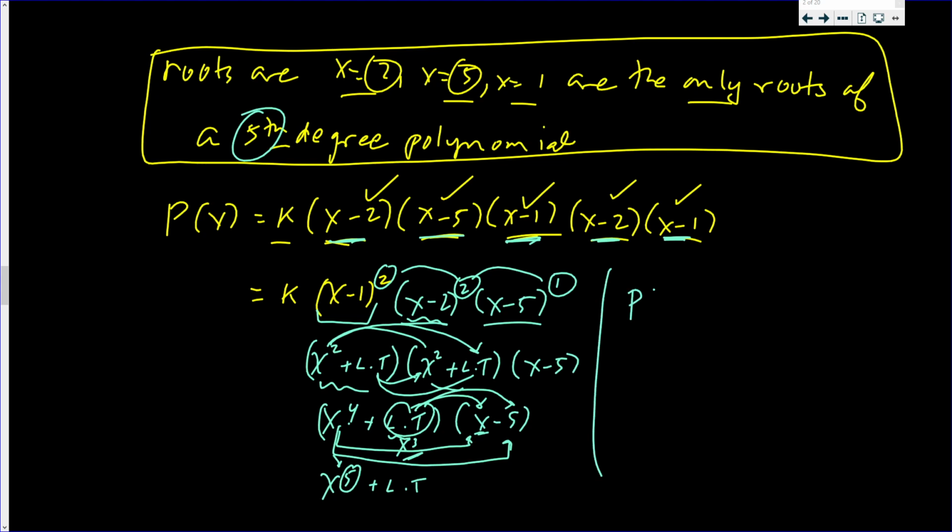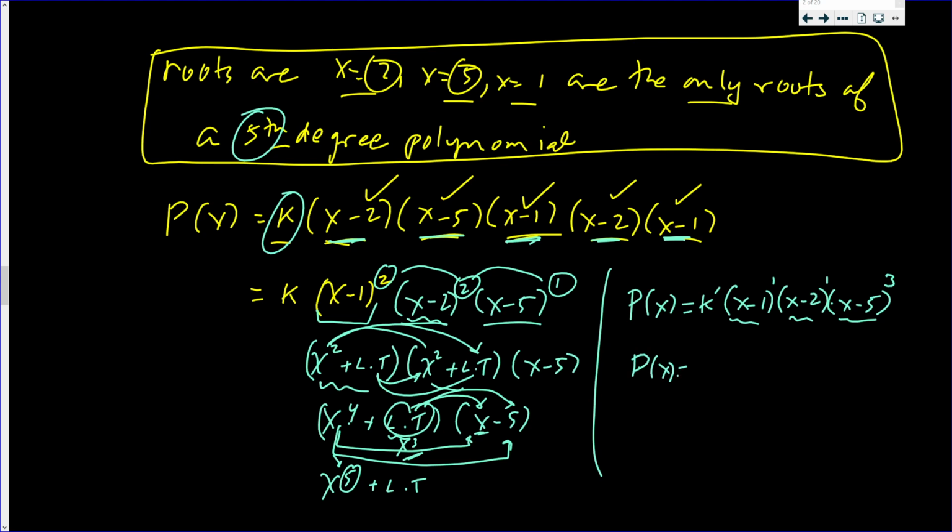Another classmate could have a different constant, call it k prime, or the same, or some other constant different than 0, and again, they're going to have x minus 2, x minus 1, times x minus 2, times x minus 5. And the powers have to be at least 1 for each of these. They have to add up to 5. Like maybe 1, 1, that's 2, so that has to be 3.